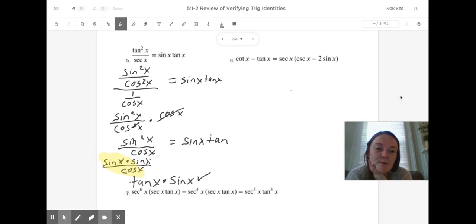Traditionally speaking, you start on the most complicated side and move your way back. I'm actually going to start on the least complicated side just because I see something special here.